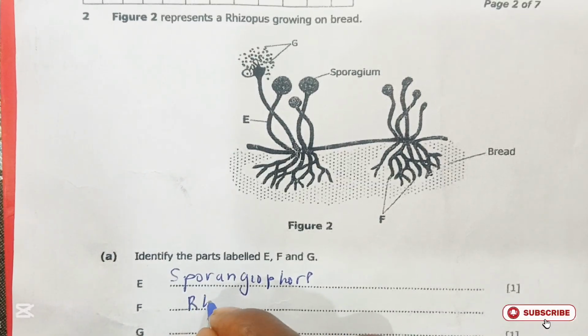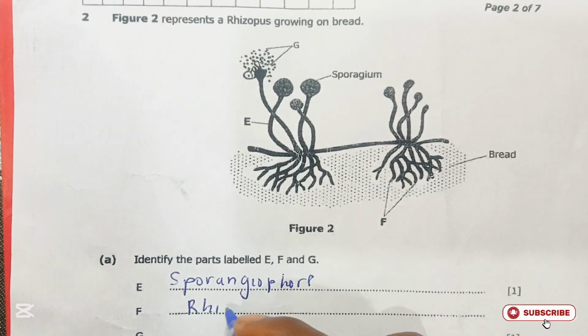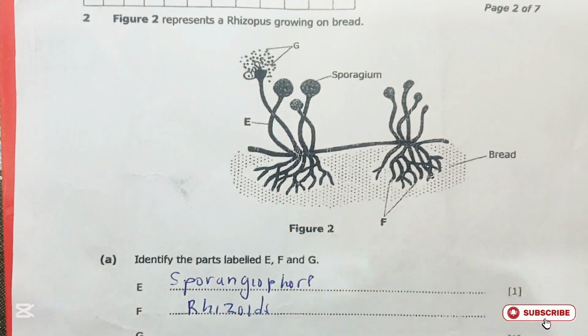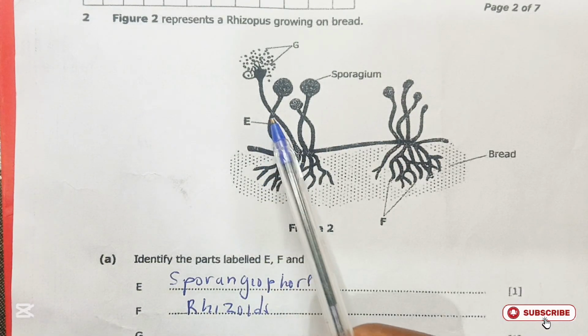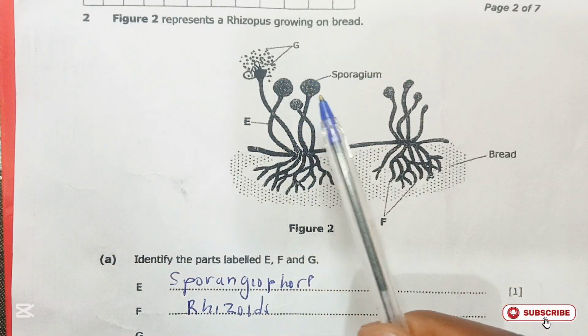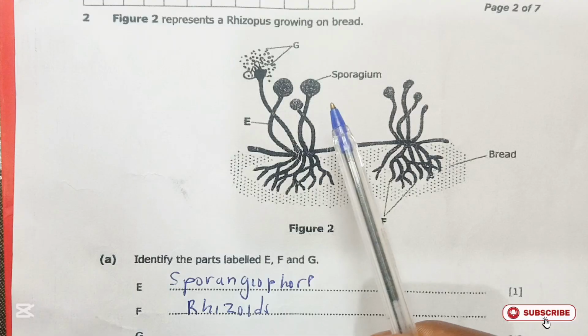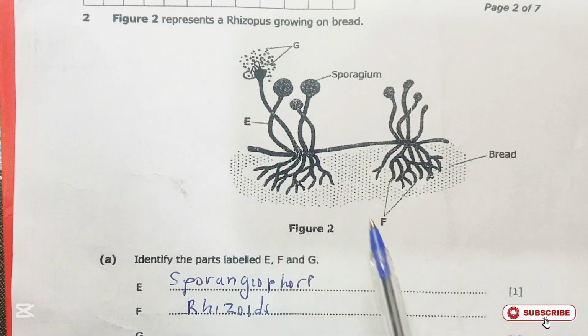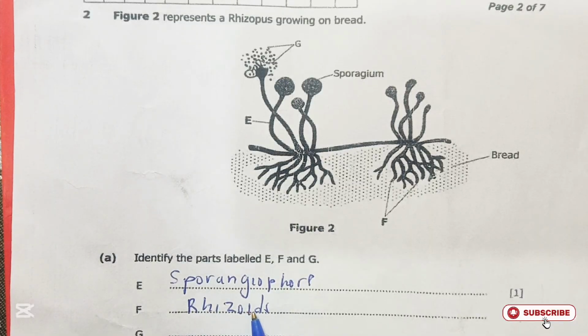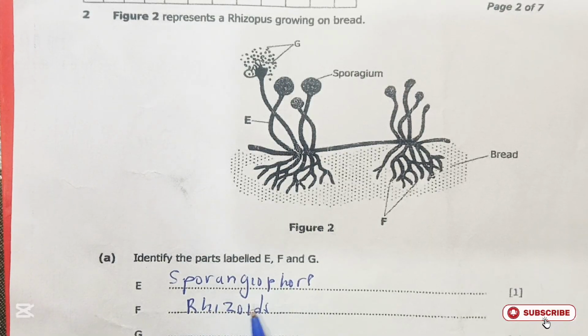Like this, how to write the part labeled F, rhizoid. It is the one which absorbs. So this E, the function is to hold the sporangium. Then F is the one which absorbs mineral ions and nutrients for the Rhizopus.